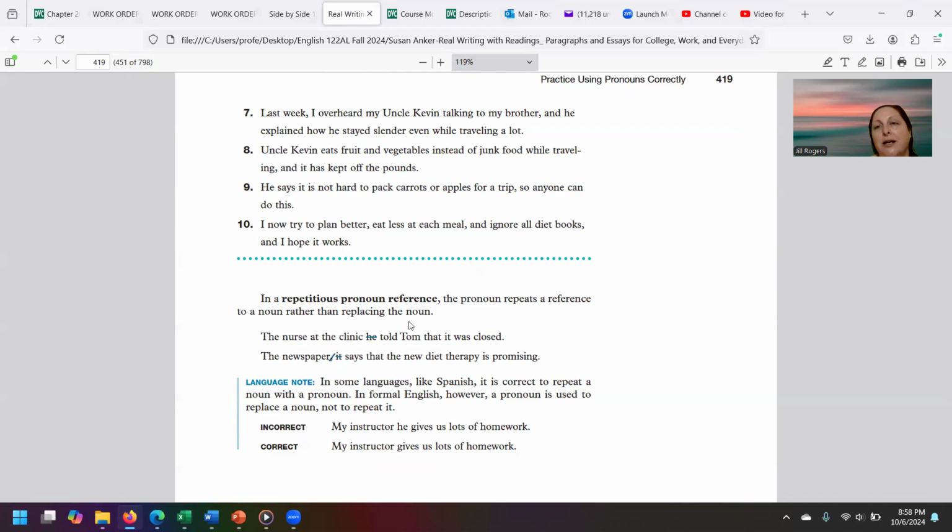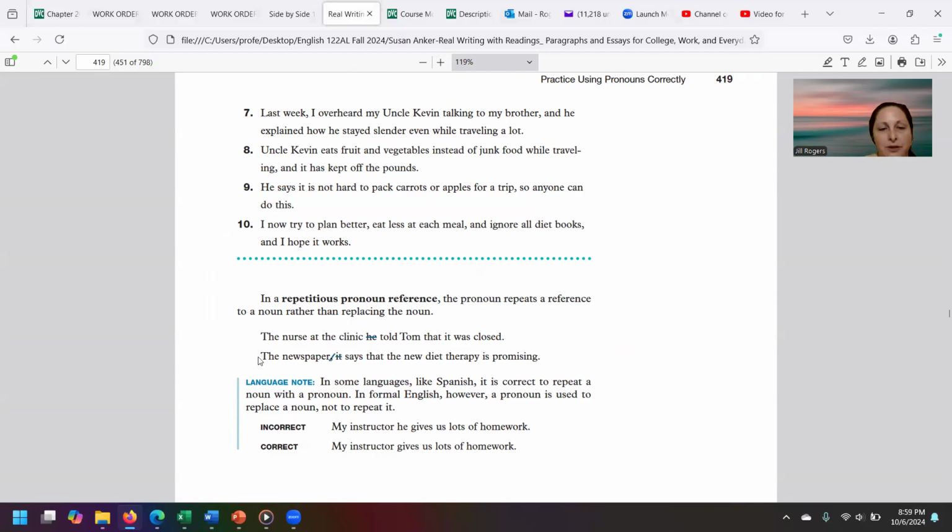It's unnecessary and incorrect because it doesn't follow subject-verb. Here it says, the nurse at the clinic, he told Tom that it was closed. You're referring back to the nurse, and in speaking we do this, but in writing it's not okay because we already have a subject and we don't need another one.